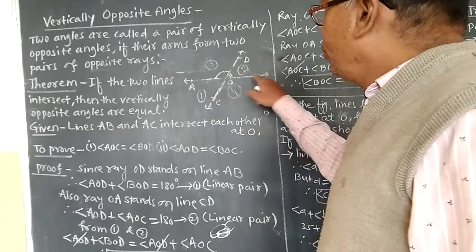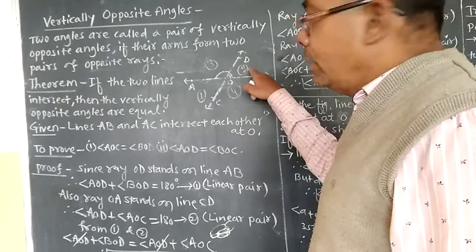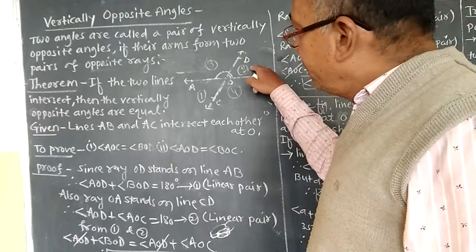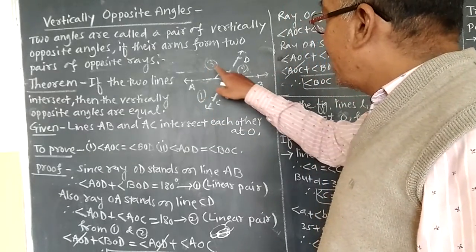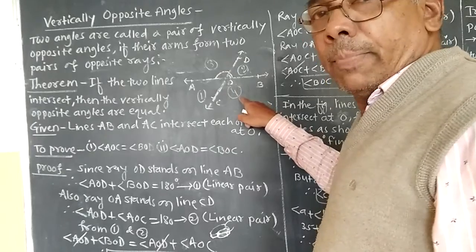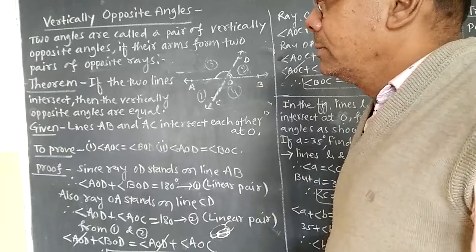In this way, two pairs of opposite rays are formed, and therefore angle 3 and angle 4 are also vertically opposite angles.